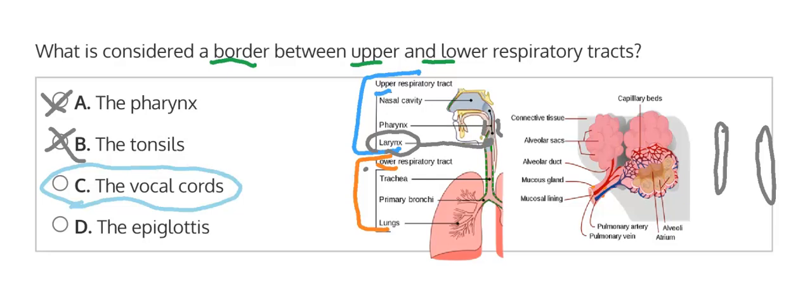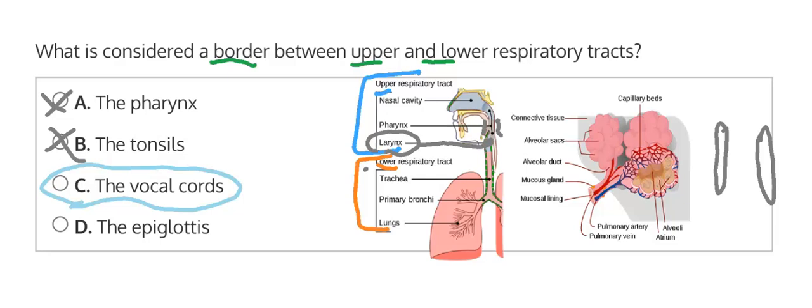But just to be sure, let's take a look at option D here, the epiglottis. And the epiglottis, that's in the back of your throat. That is the flap that separates between the respiratory system and the digestive system. So when you're breathing, we want air to be going in and out to your respiratory system, but we don't want any food particles going into your lungs when you eat. So the flap closes to prevent any food from entering the lungs.